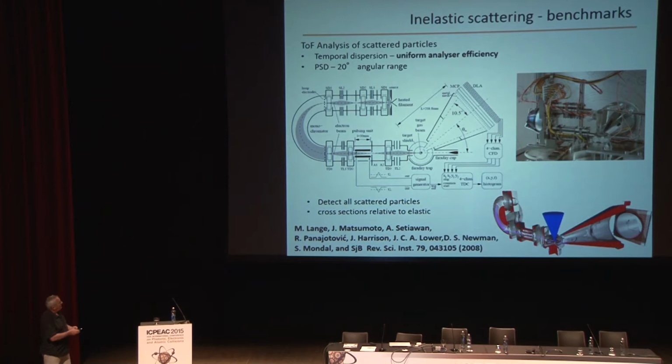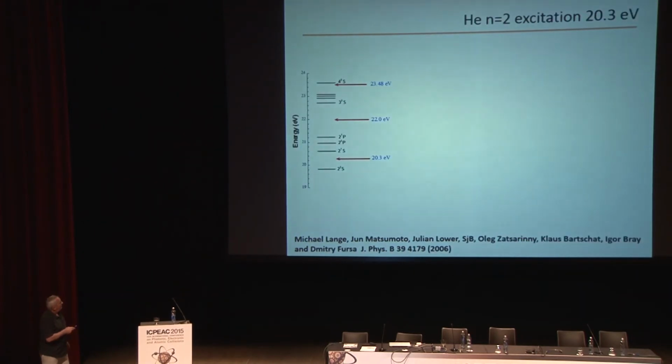So with this apparatus, a few years ago we did experiments on excitation of the n equals 2 states of helium. The 4 n equals 2 states of helium are here, and I'll show you some results at two energies. One energy is just above the lowest excited state, the 2 triplet S, and another which is above all 4 excited state thresholds.